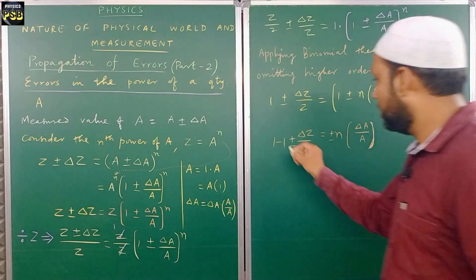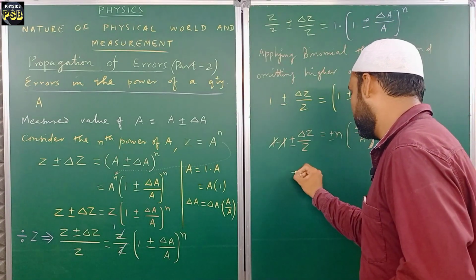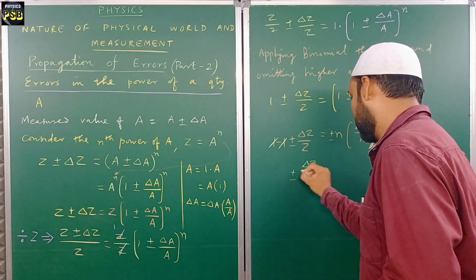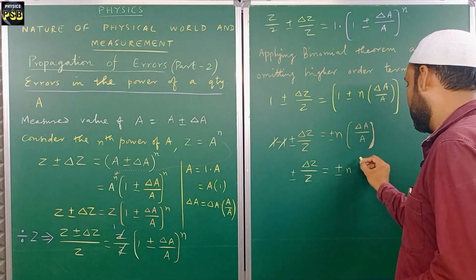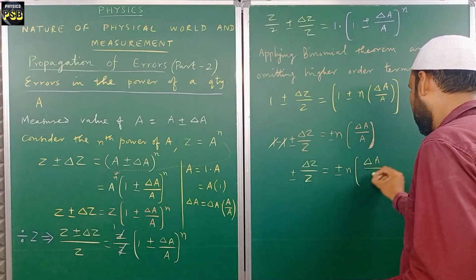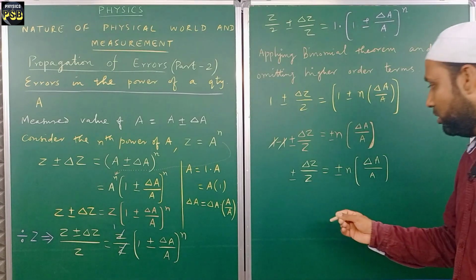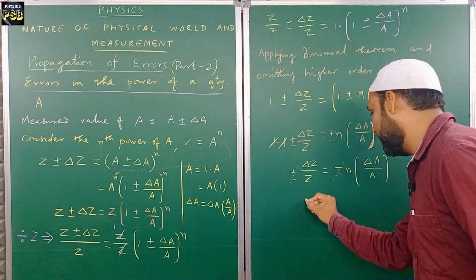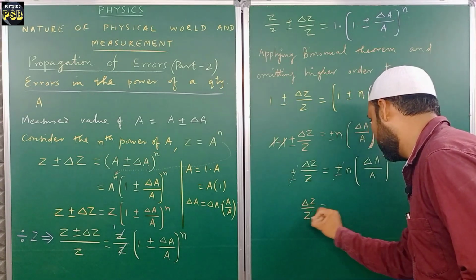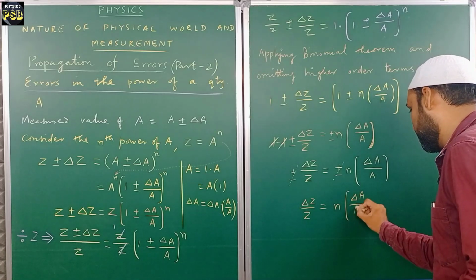Here plus 1 and minus 1 get cancelled, and what you obtain is plus or minus delta Z upon Z equals plus or minus n multiplied with delta A upon A. Clear? Now if you want, we can omit these symbols as well. So at the end you get delta Z upon Z, which is n times delta A upon A.